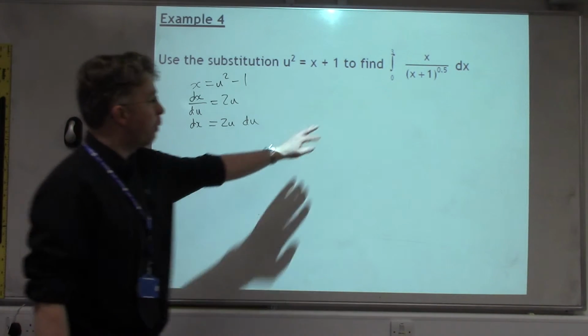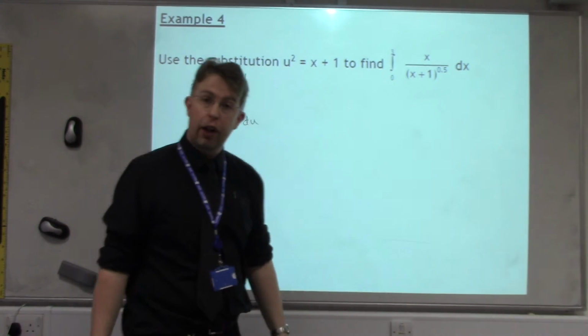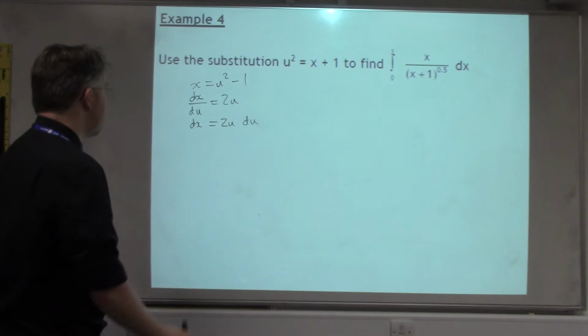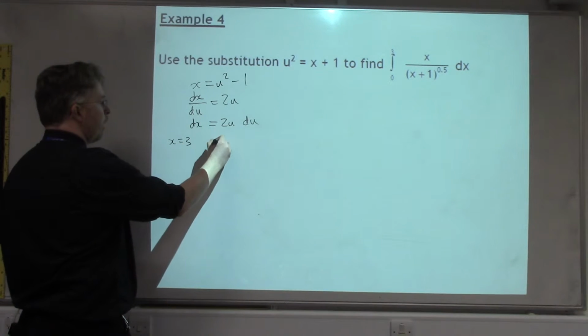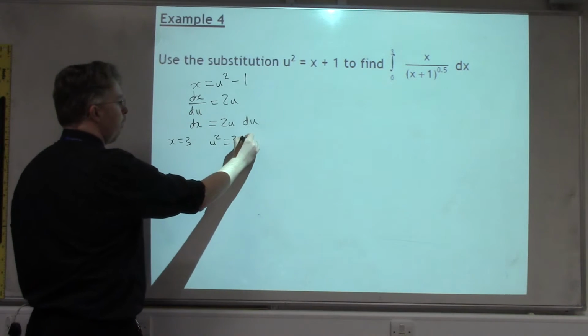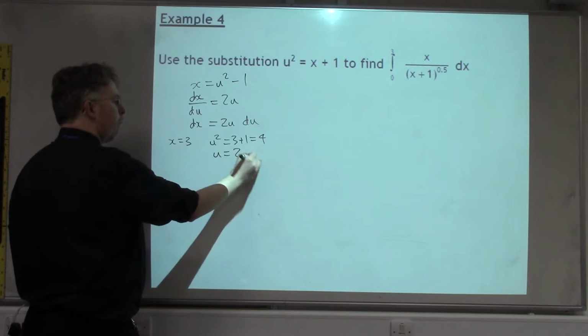But also, as we change from x to u, these are x limits, we need to find the corresponding u limits. So when x equals 3, u squared equals 3 plus 1, which is 4. So u equals 2.